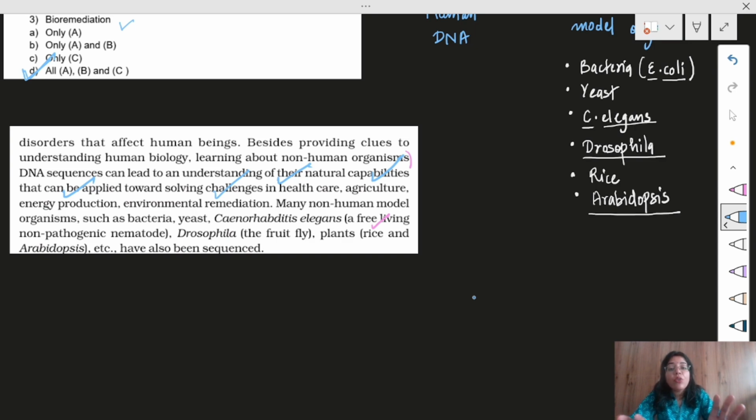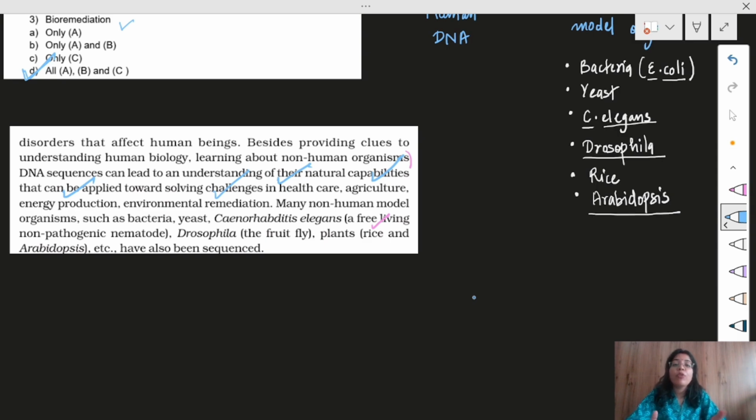So if we know which genes are responsible for this, how they are metabolizing these toxic chemicals in their body, all this information is very helpful for us, right? If we know that this part of the DNA of bacteria, or of any plant, is able to do all this, and we take that DNA and incorporate it in some other crops, then we can remove the toxicity of certain soil.